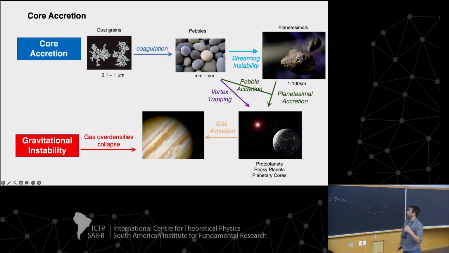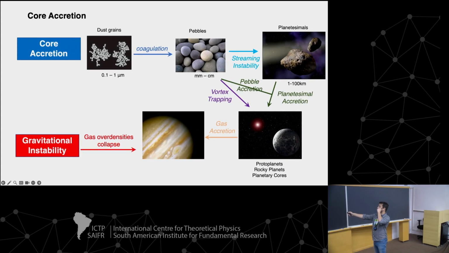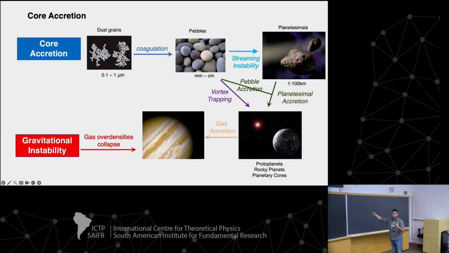So these are the steps for the core accretion, right? The dust coagulates into pebbles, which form planetesimals through streaming instability, and then you have the planetesimals accreting the pebbles to form rocky planets, or you could have the planetesimal accretion by itself also to form the rocky planets.